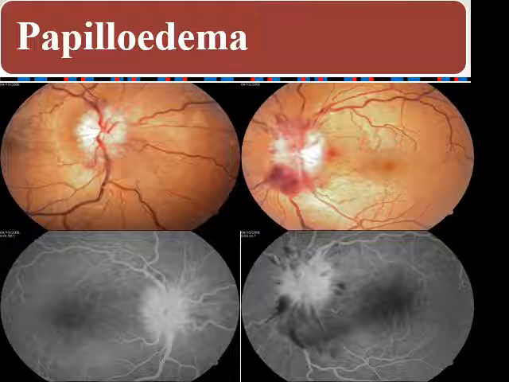Finally, the patient passes to the post-papilledemic optic atrophy. The optic disc appears pale with a moth-eaten appearance, and there is marked loss of vision.